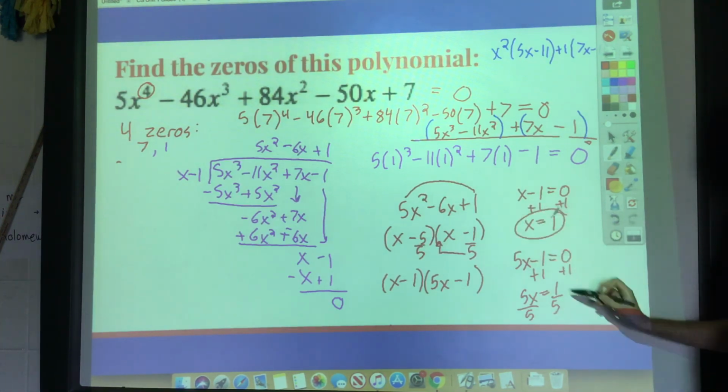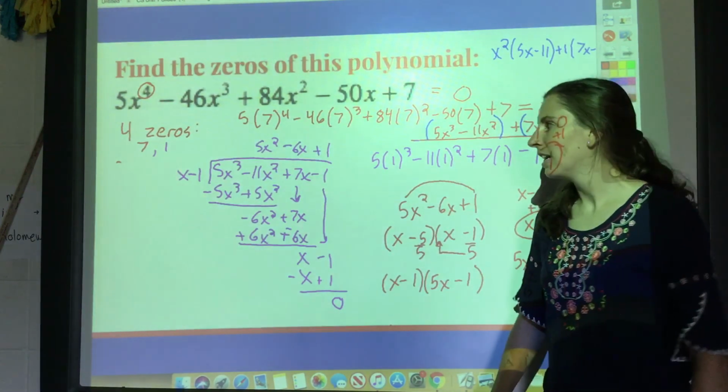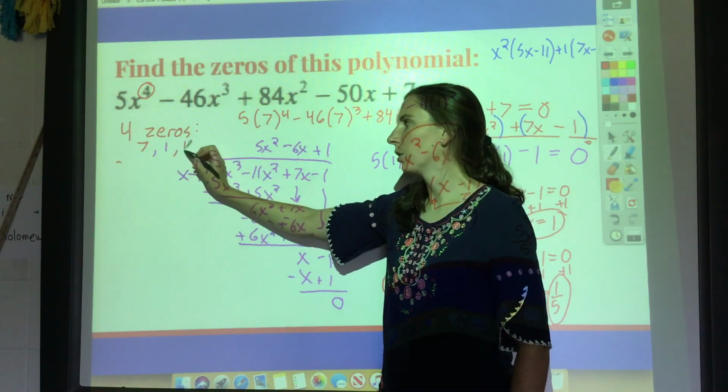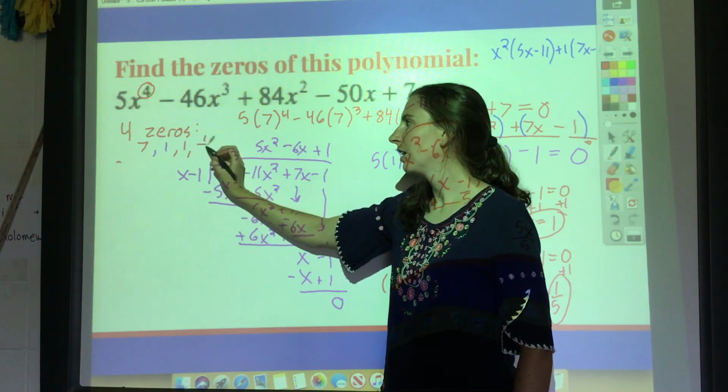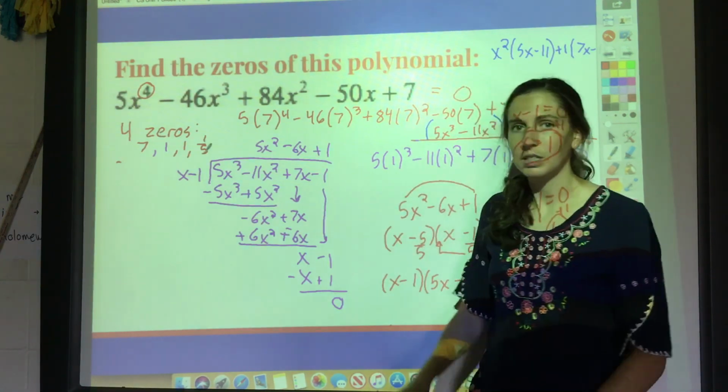These are my final 2 solutions. Notice, I already had a 1, but I got another one. Remember, I told you that's possible. It's possible to have roots that repeat themselves.